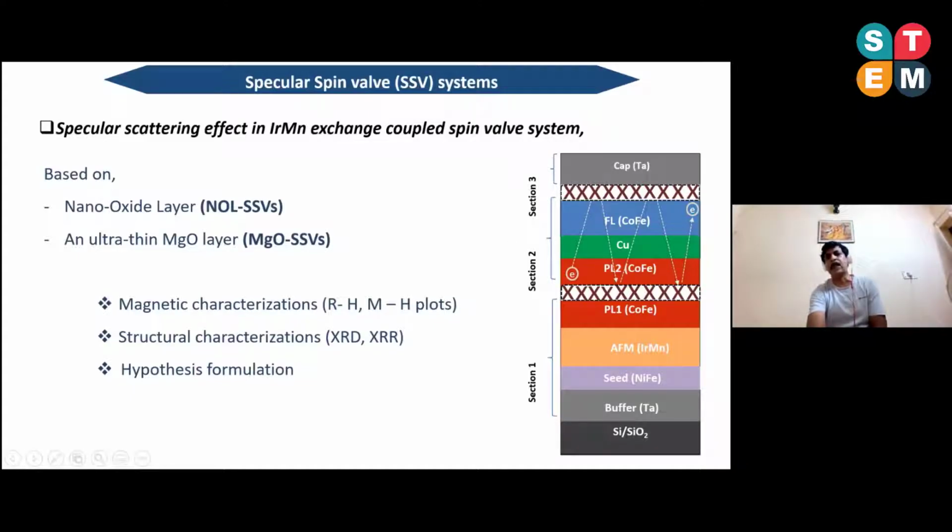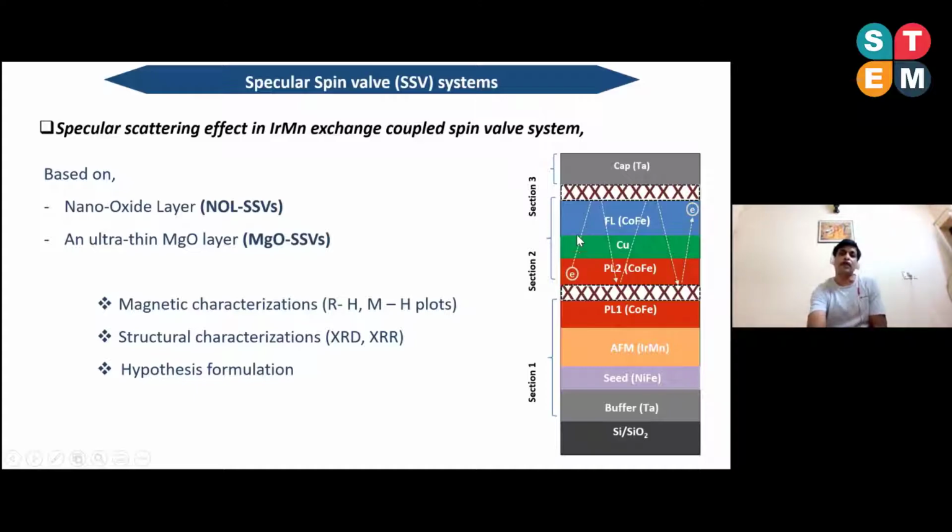If we can confine them within these two oxide layers, which act more as insulators, the electrons get scattered from the oxide layer and are confined between the free layer and the pinned layer. That's why this is called specular scattering.